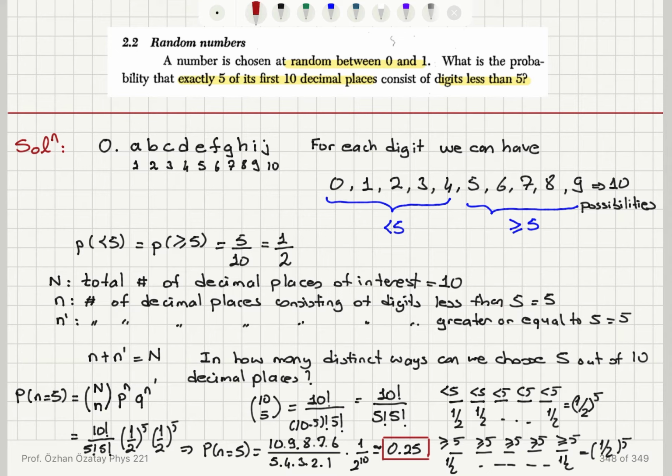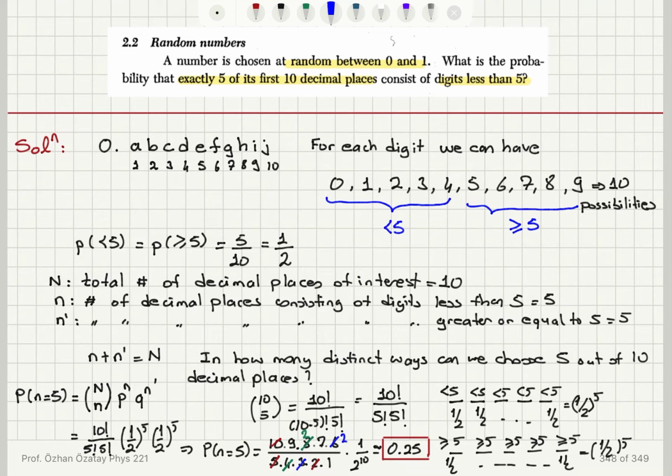Okay, so here you can see that we have 5 and 2 cancelling with 10, and then we have 4 canceling with 8 giving us a 2, and then we have 3 canceling with 6 giving us another 2 here.